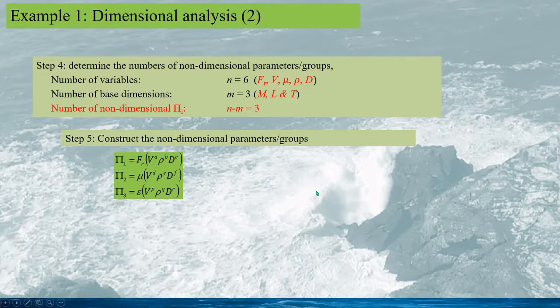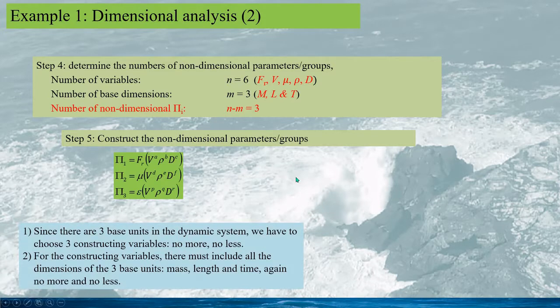But why do we choose these 3 variables as the constructing variables? The reason is that since there are 3 base units in the dynamic system, as we showed here, we have to choose 3 constructing variables, no more, no less. The constructing variables must include all the dimensions of the 3 base units: mass, length, and time, and again, no more and no less.